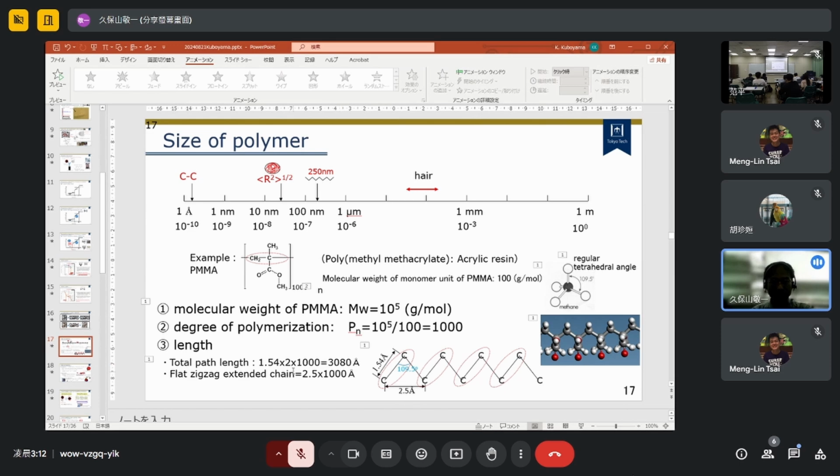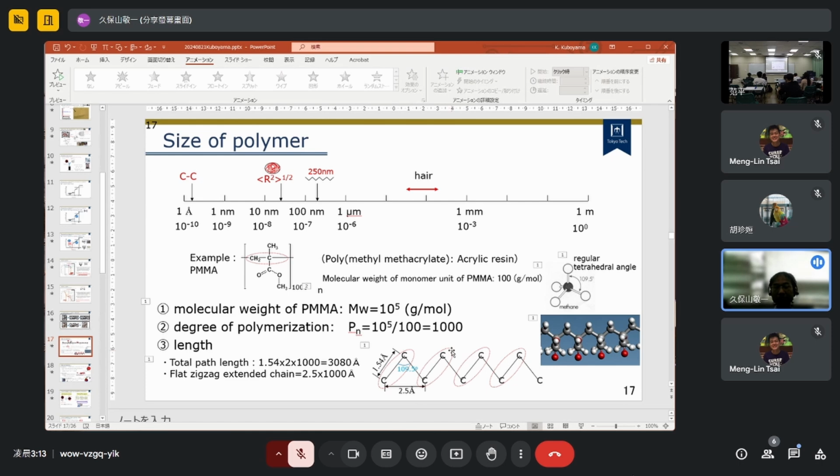But this one has a zigzag structure, and the distance between the monomer units is 2.5 angstrom. So in this case, 2.5 times 1,000 equals 2,500 angstrom.